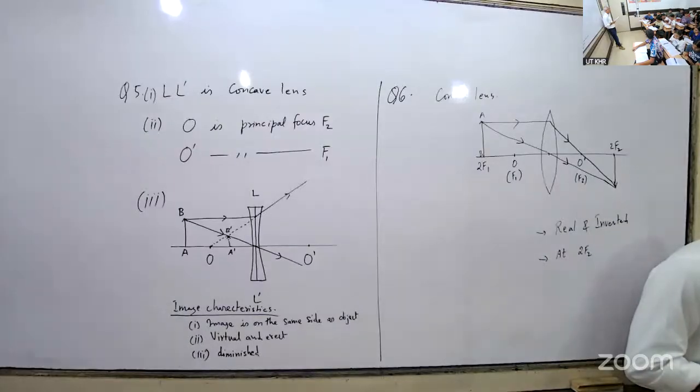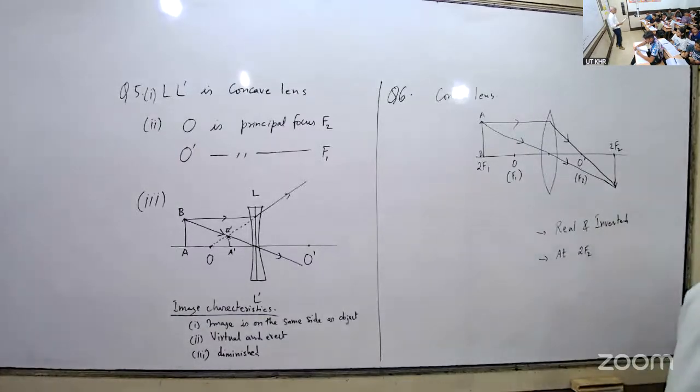Size increases as you move closer. As the object moves closer to F1, the image moves closer towards infinity. Yes. Image is formed at infinity. So what about the size? Infinite. Highly magnified. Okay, so these questions are pretty simple now.